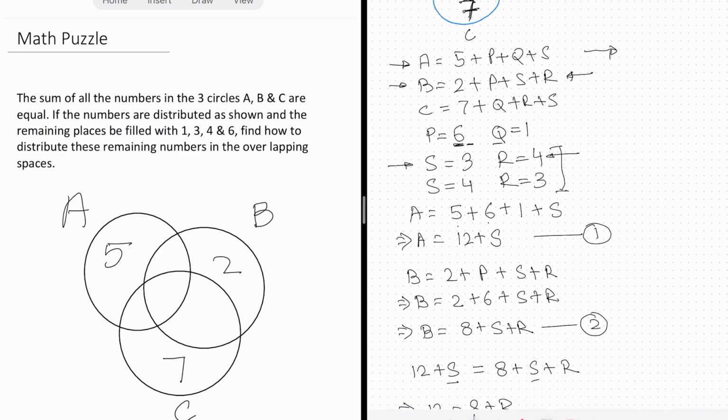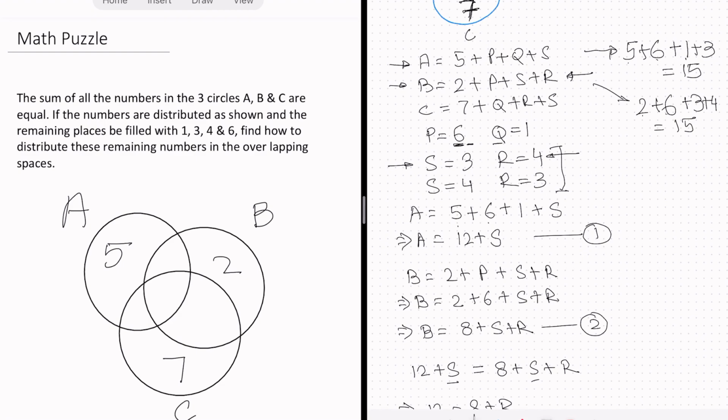A is going to be 5 plus P, which is 6, plus Q, which we assumed to be 1, plus S, which we now know is 3, which is 5 plus 6 is 11, 11 plus 1 is 12, 12 plus 3 is 15. B will be 2 plus P, which is 6, plus S, which is 3, plus R, which is 4, which comes out to be 2 plus 6 is 8, 8 plus 3 is 11, 11 plus 4 is 15.